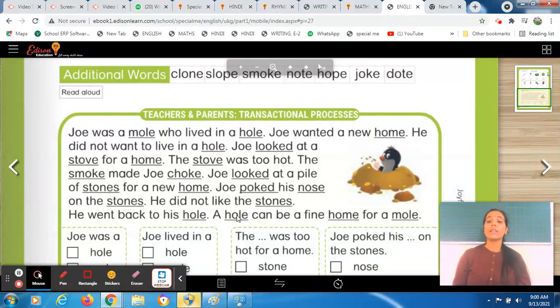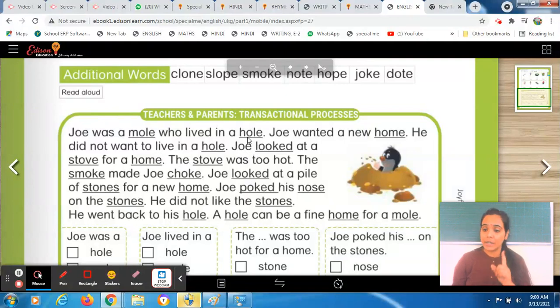So students, this is a story about Joey, who is a mole who lived in a hole. In this story we learn that this mole named Joey wanted a new home. What did he want? He wanted a new home. Where did he live? He lived in a hole earlier, but he is looking for a new home.